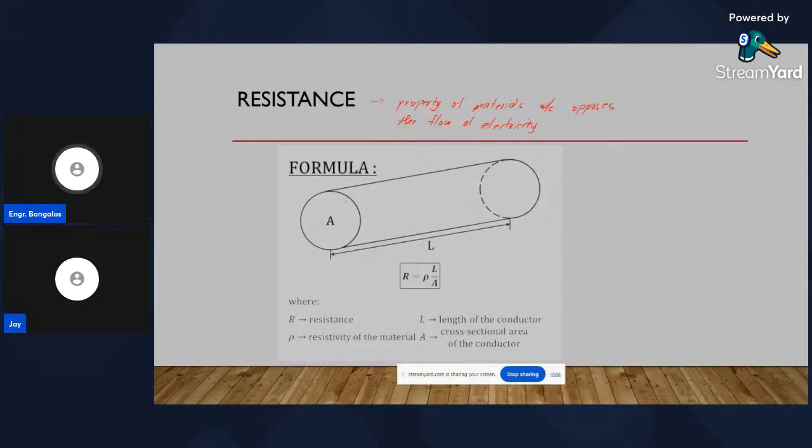So for example, ito yung electrons natin. So nagpo-flow siya dito. So yung resistance natin, siya yung nagta-trap or nag-o-oppose para mag-flow yung electron.